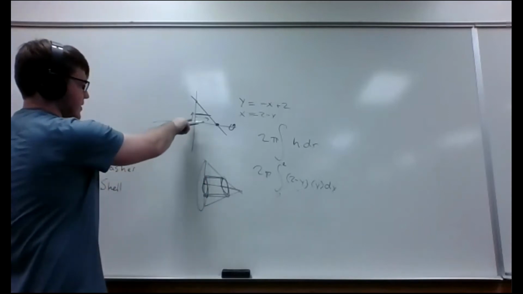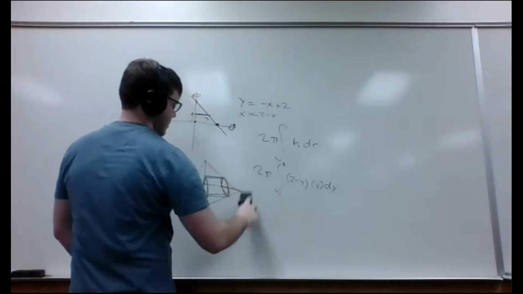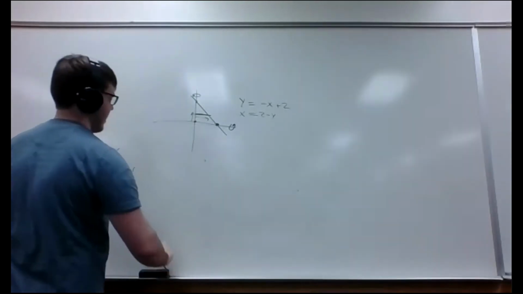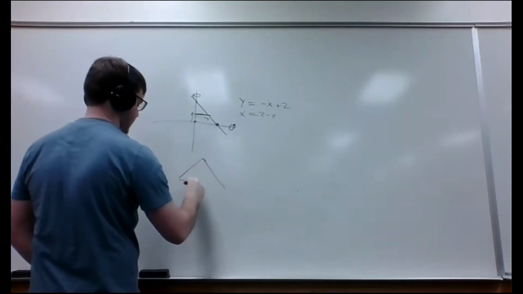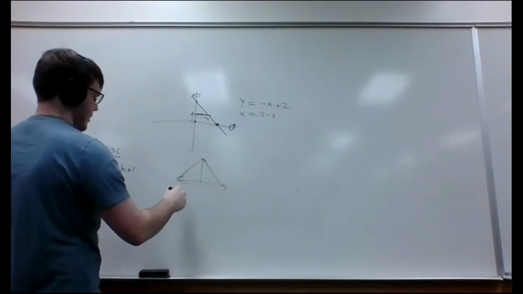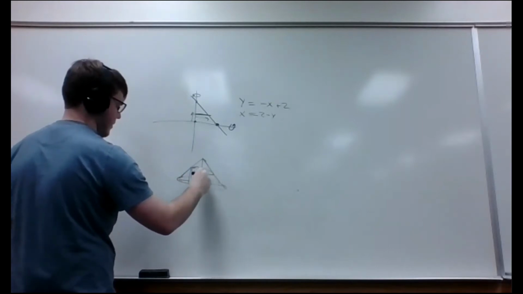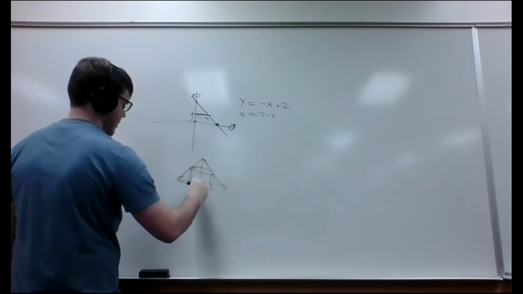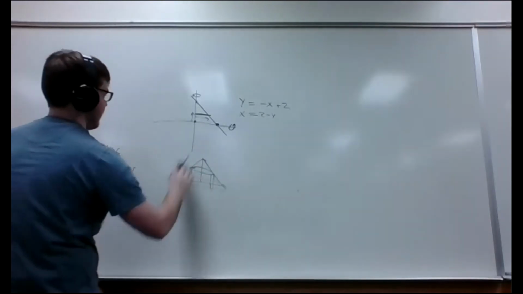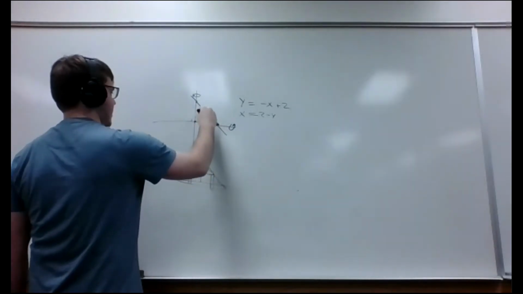I guess if we're rotating this around the x-axis using the shell method, we're going to have a shape that looks like this again, right? And instead, now we're going to want something that looks like this, right? That's rotating around. And so if we get rid of these arrows, we're going to want our height.